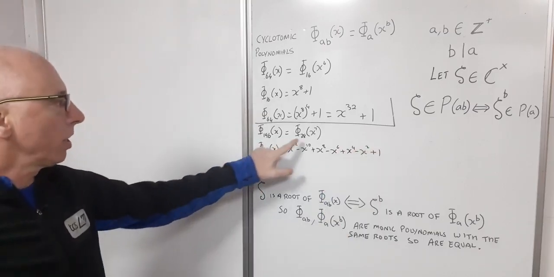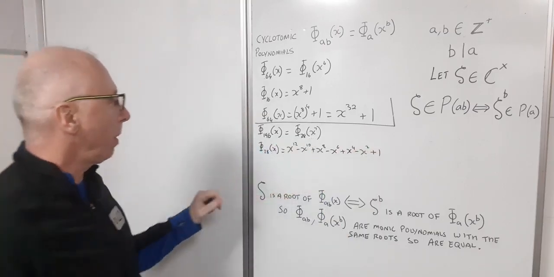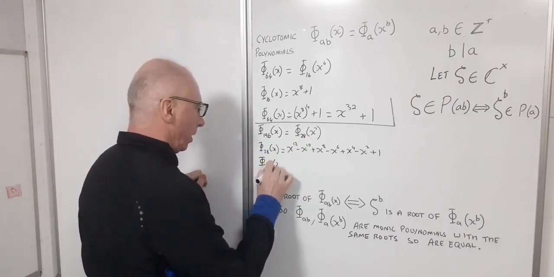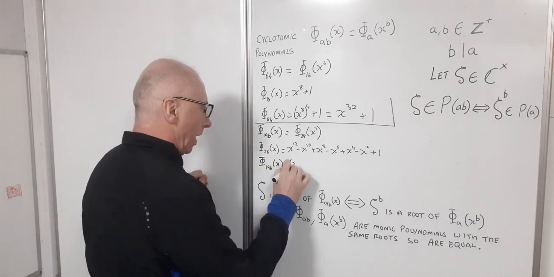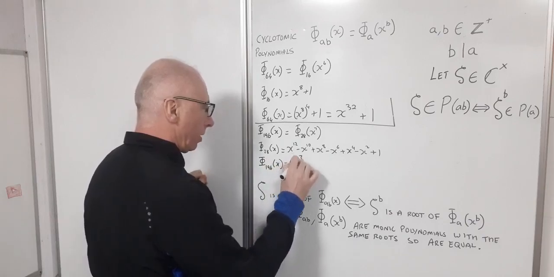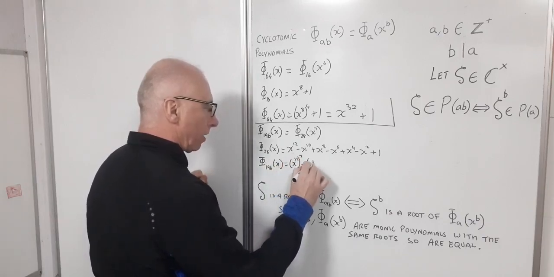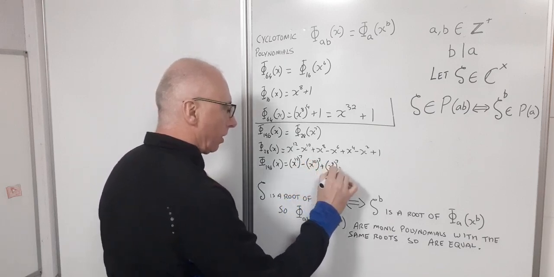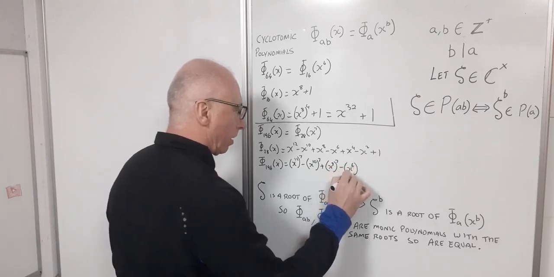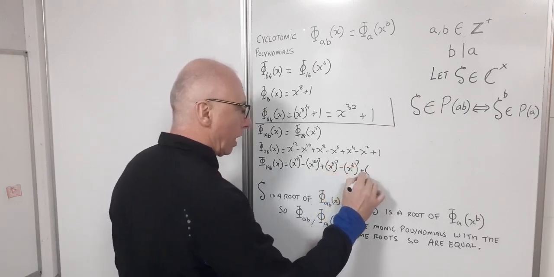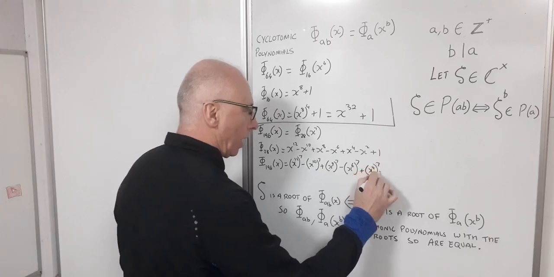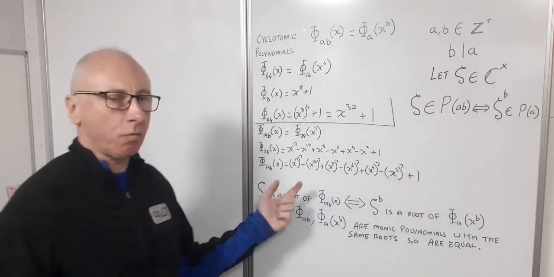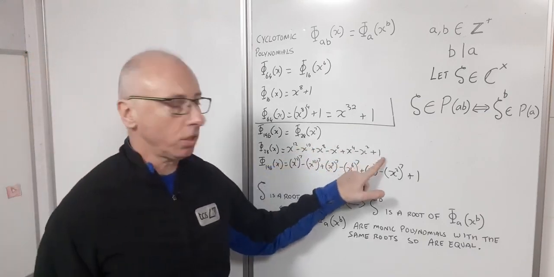So now working out for 196, I just need to raise each one of these to the power of 7. So the cyclotomic polynomial for 196 is x to the 12 raised to the 7, minus x to the 10 raised to the 7, plus x to the 8 raised to the 7, minus x to the 6 raised to the 7, plus x to the 4 raised to the 7, minus x squared to the 7, and then plus 1, which we don't raise to the 7 because it's not x, it's just a 1.